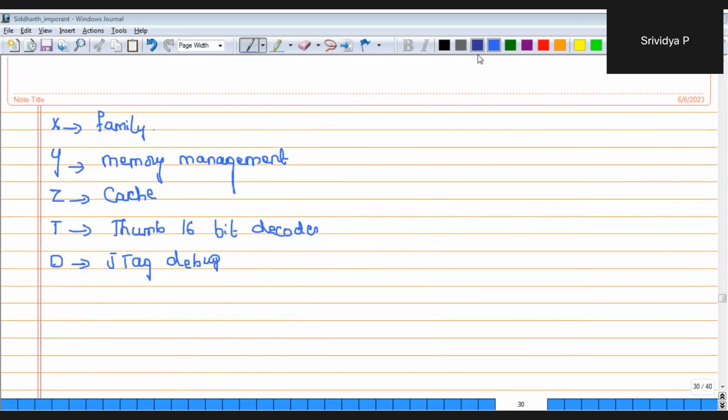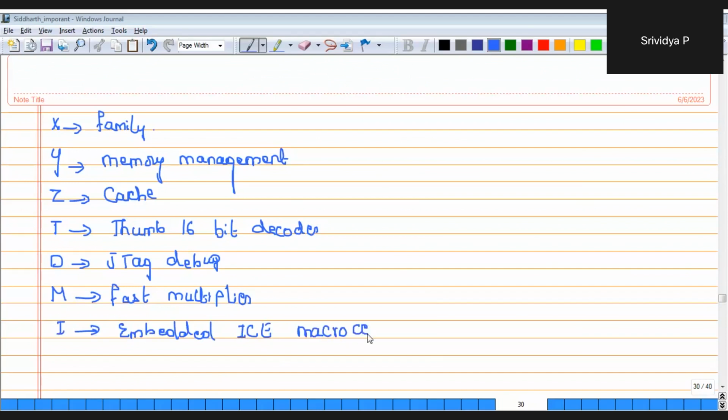M stands for fast multiplier. I stands for embedded ICE macrocell, in-circuit emulator macrocell. E stands for enhanced instructions.